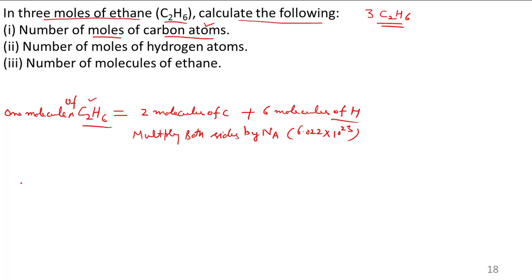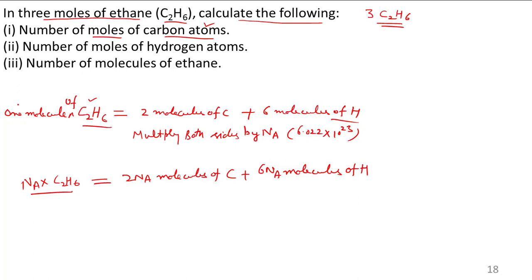So we have Na into 1 molecule of C2H6. So we get these many molecules of C2H6 is equal to 2 Na molecules of C plus 6 Na molecules of H. We have simply multiplied by Na.